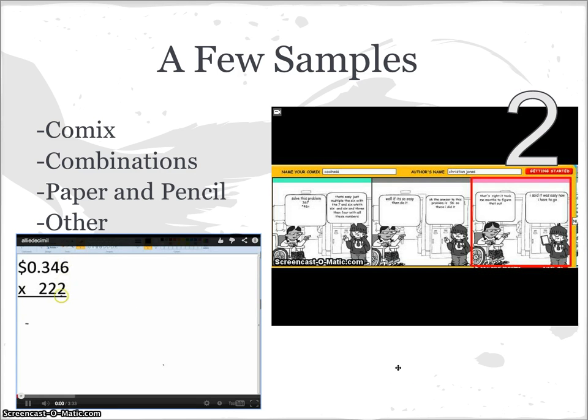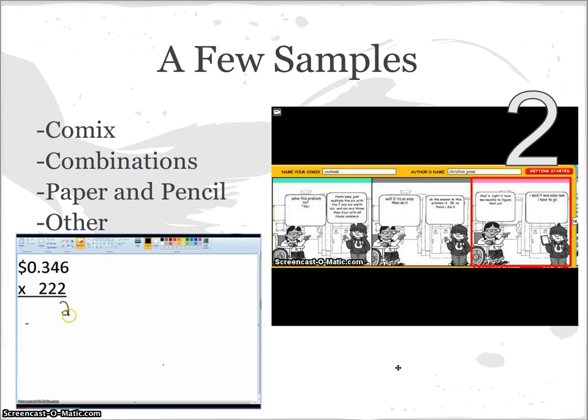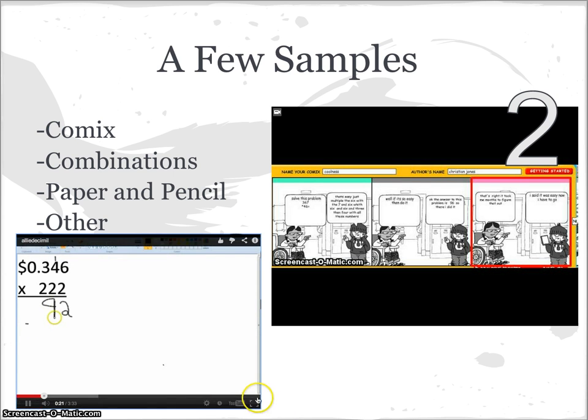And as you can see, this student used Paint to write their problem and then used the drawing tool to display their solutions. Now she did not do the math completely correct, but you could tell she was on the right track.